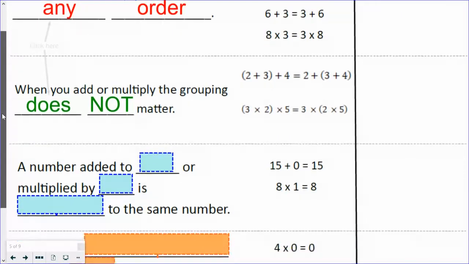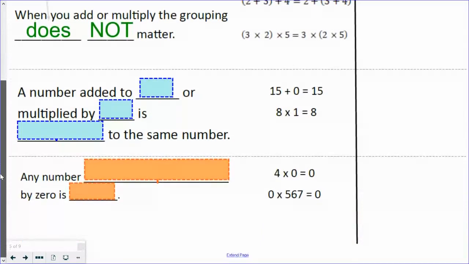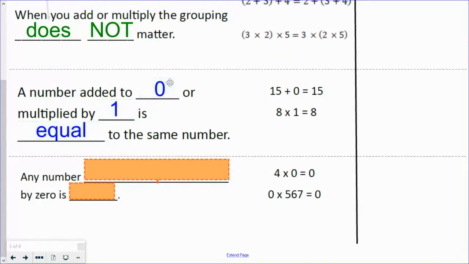All right, we're going to add a number added to 0 or multiplied by 1 is equal to the same number. This is an identity property. Okay? And think of looking in the mirror. If this 15 was looking in a mirror and say the mirror 0, it's going to see itself, right?